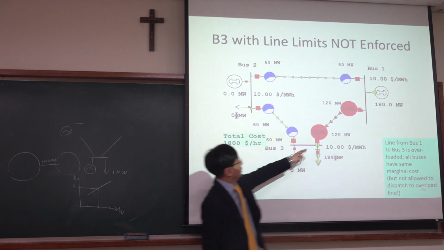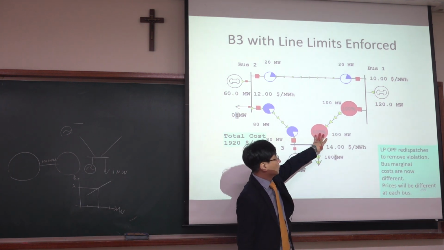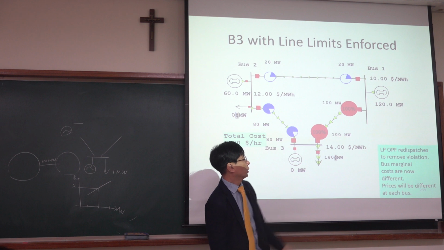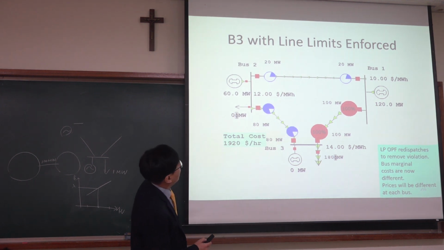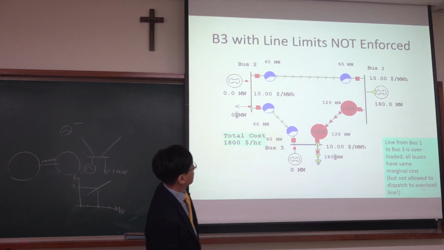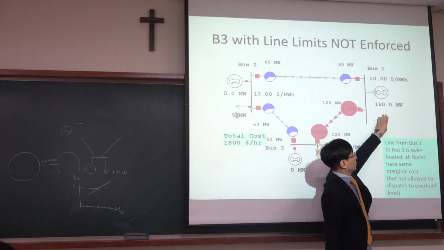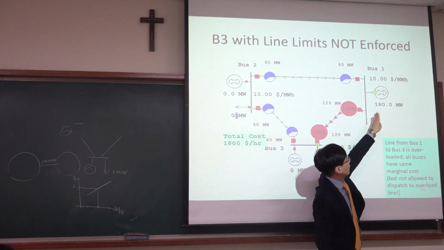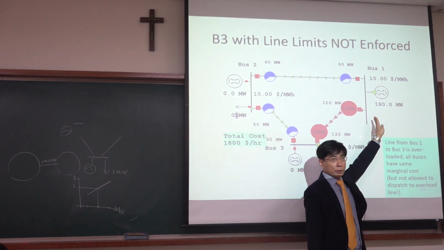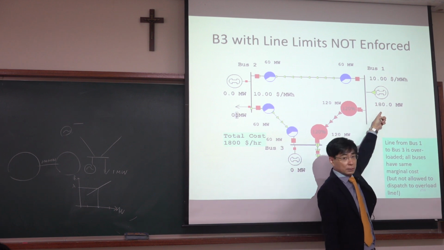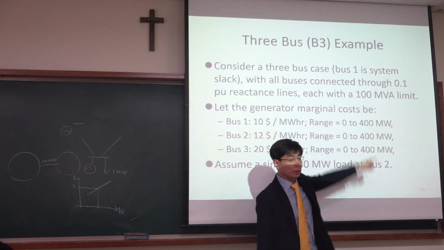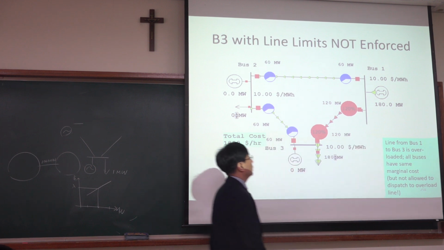In the previous case, because this is the cheapest generator and it can supply all the demand, 180 megawatt, with a maximum capacity of 400 megawatts, it generates all the demand.